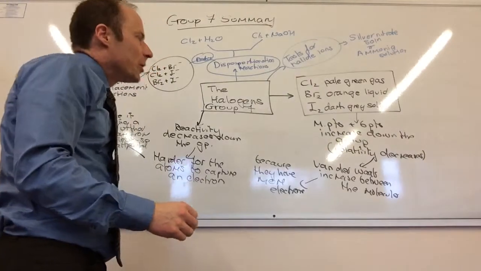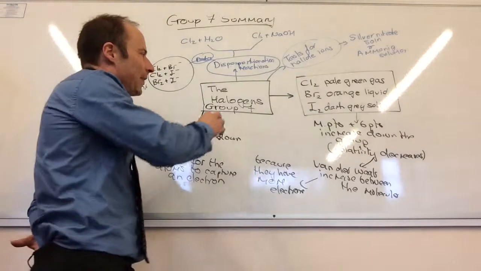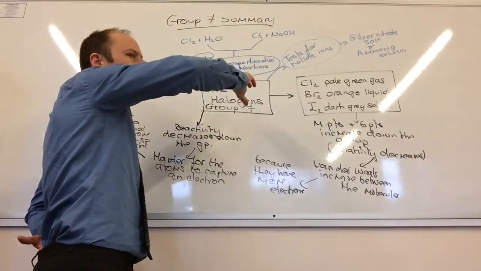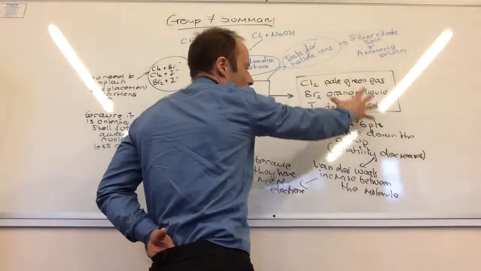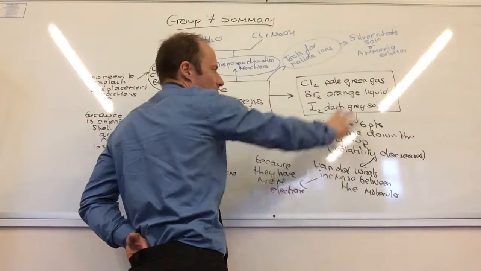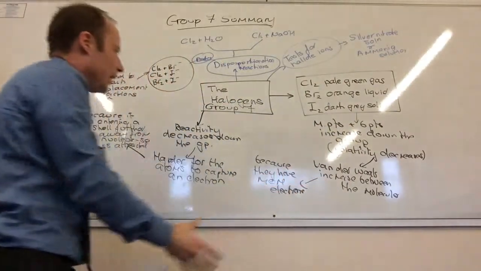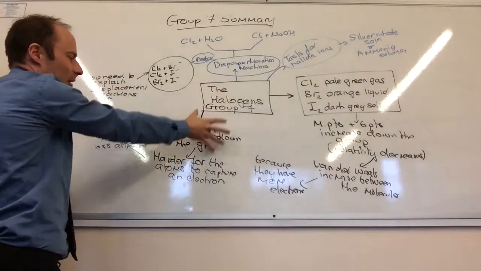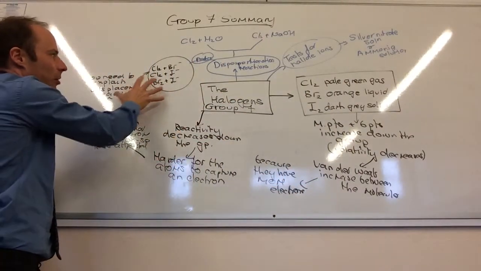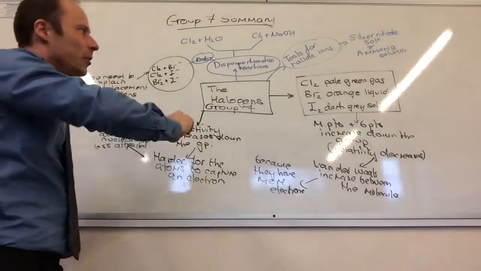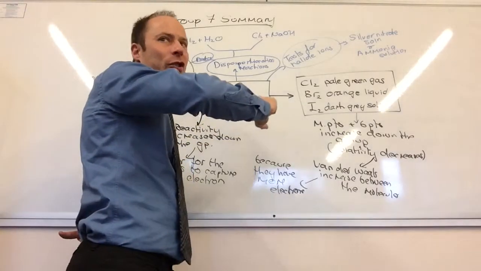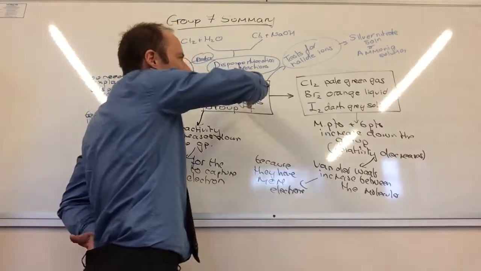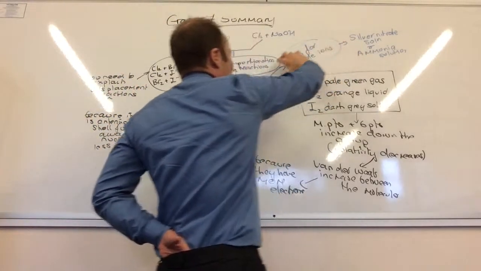So depending on the question, depends on which route you take. If they're asking you about melting and boiling points, you follow this argument. If they're asking you about reactivity, this is the route you go. If they ask you about silver nitrate, how do you identify different halide ions, this is the route you go.